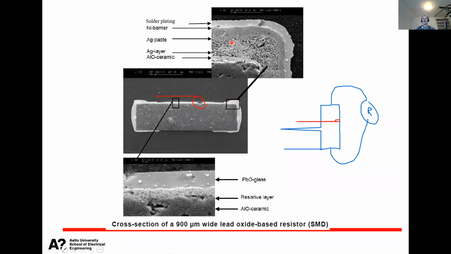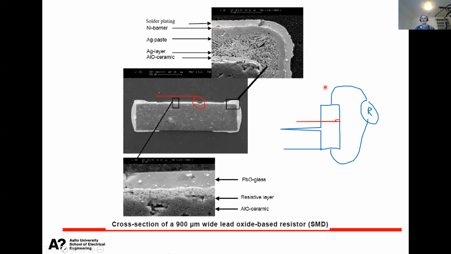But as you cannot solder this kind of silver directly, typically you apply a diffusion barrier, which is nickel, and then you have the solder coating, because you cannot have nickel there without some protective coating. It could be gold, but in these kinds of components gold is too expensive, so you just apply some kind of solder plating.